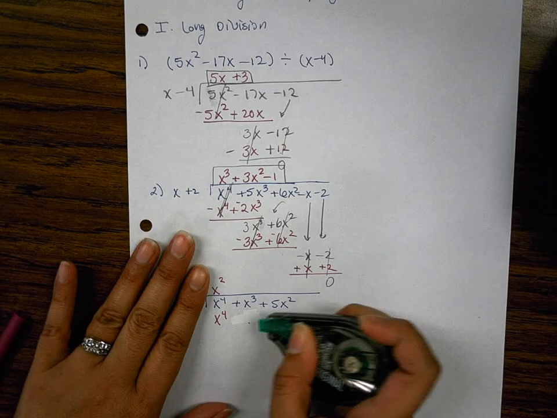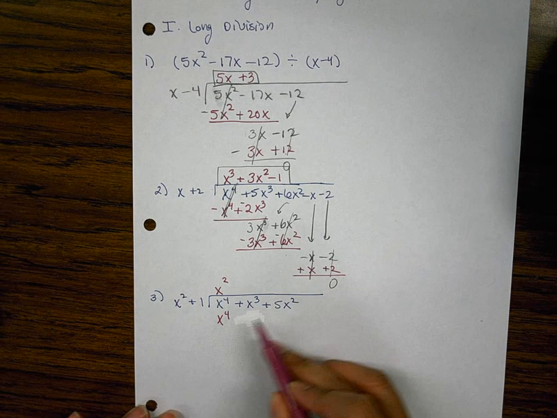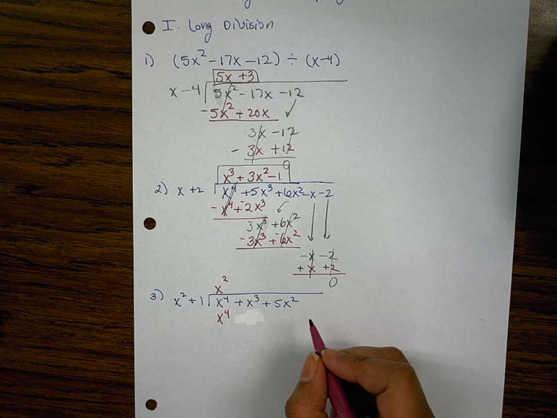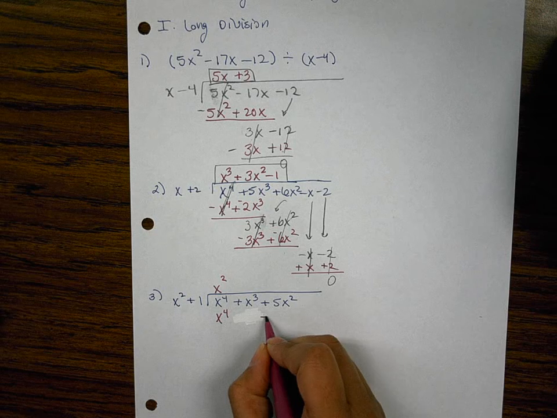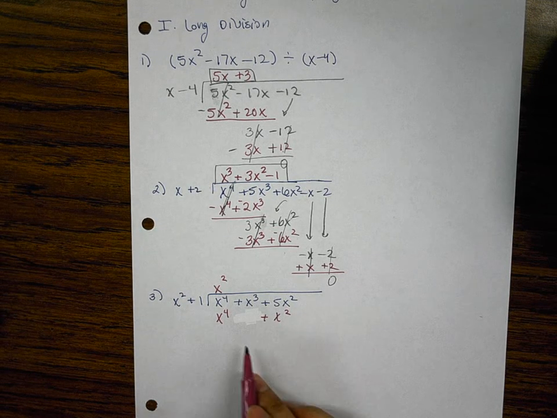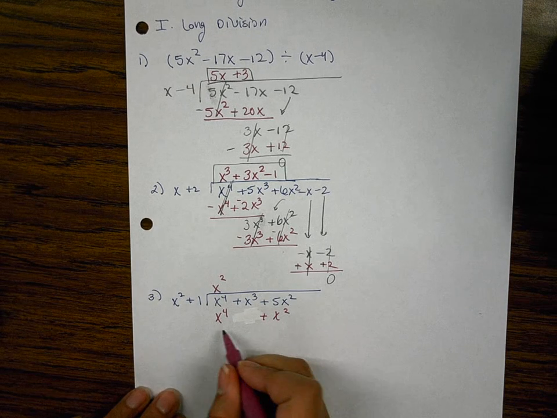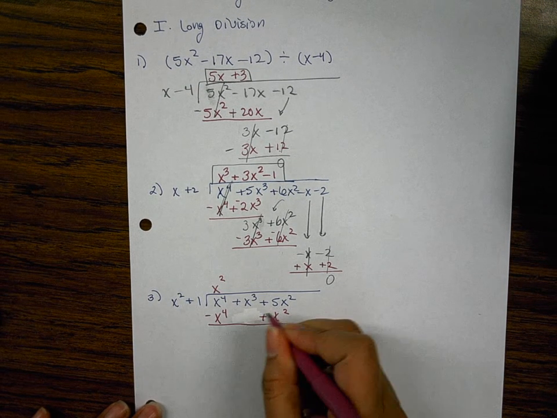Now you can see right there that that doesn't line up. So what you can do, you don't have to rewrite it. You can leave it there and just put it over, like see that it goes this way. Or if you'd like, you can line it up. So that was x squared, x to the 4th plus 1x squared, just to line it up. Or leave it here and know that the like term is over on its side.